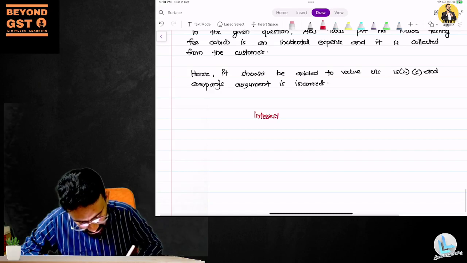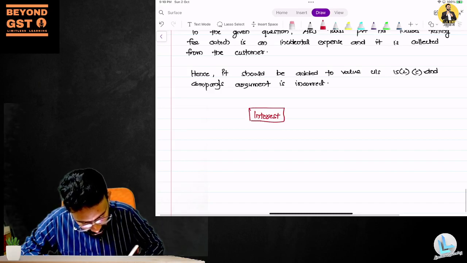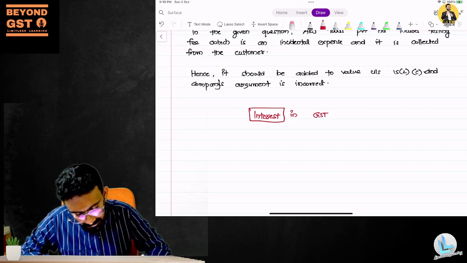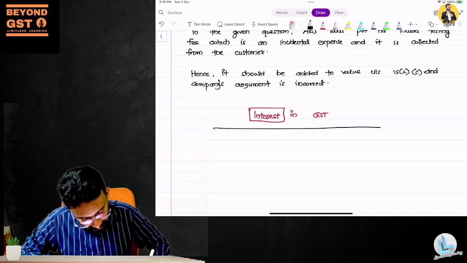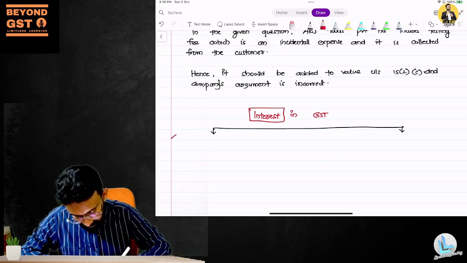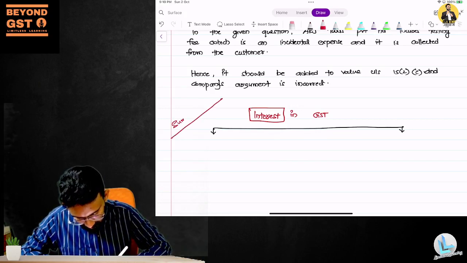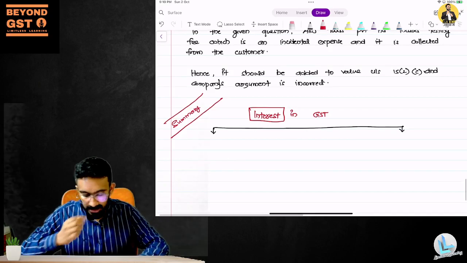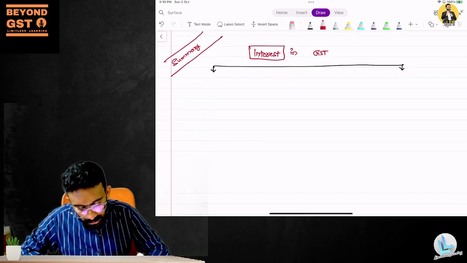There are multiple places where interest is being used in GST. There could be two type of interest. Because in any question this fellow comes in, you should be able to write answer. So you should know this summary. So there could be two type of interest for me.